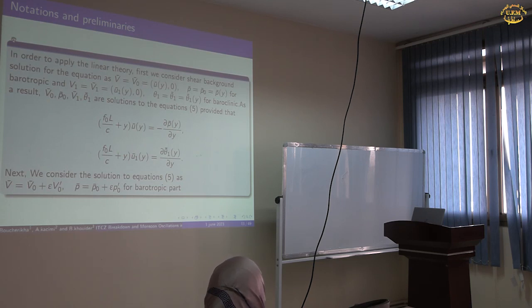And to apply the linear theory, I use the solution V over bar 0 equal to the shear barotropic U over bar 0. And for the baroclinic mode, I use V1 equal to V1 over bar, the shear baroclinic U over bar 0.